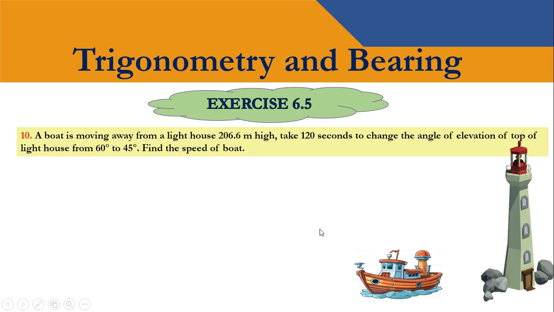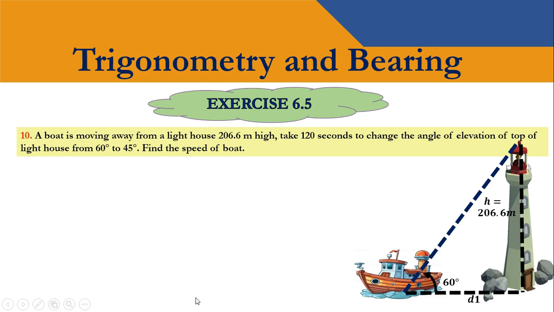Now moving towards the next question, question number 10, the last question of this exercise. A boat is moving from the lighthouse. Here the height of the lighthouse is given to us, which is equal to 206.6 meters. The boat is at the initial position. At this position the boat is making an angle of 60 degrees with the lighthouse top, and the distance between the boat and the lighthouse is d1.